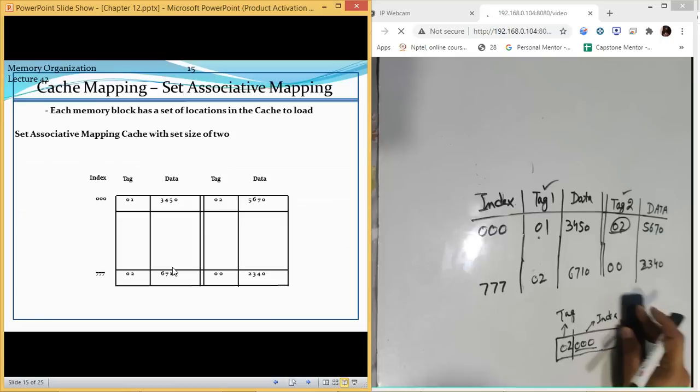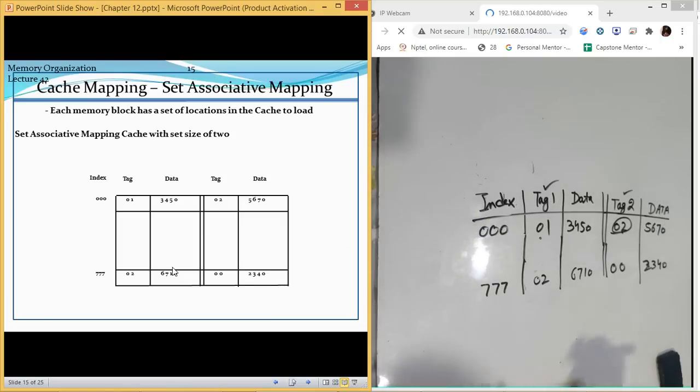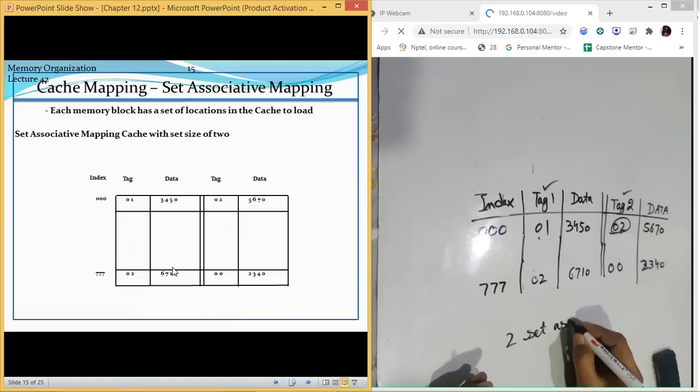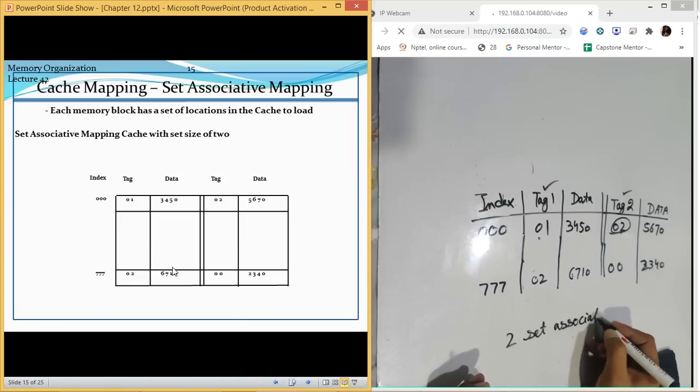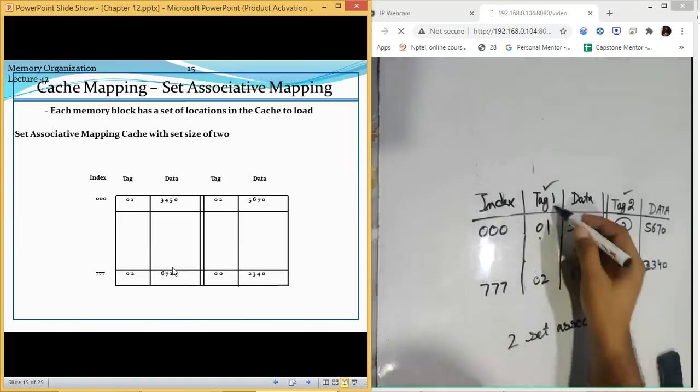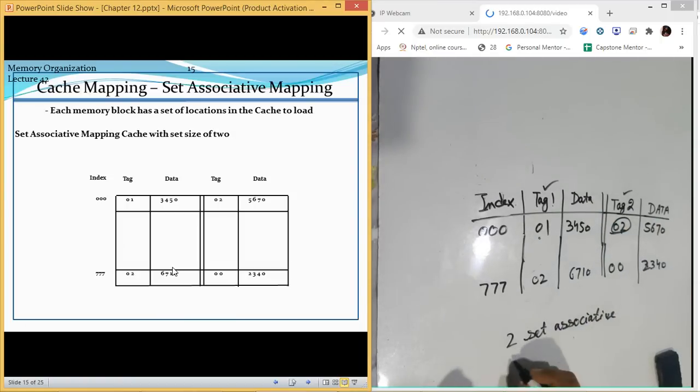So why is it known as set associative? This one is a two set associative memory. Now why is it known as two set associative? Because we are having two tags stored. We can have three set associative memory. We can have four set associative memory.